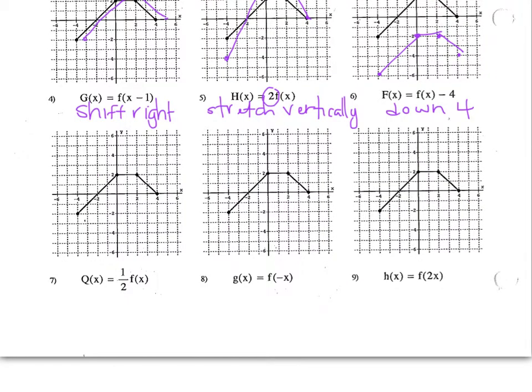Number 7, the 1/2 on the outside is going to compress this function vertically. So all of the y coordinates are going to be reduced by 1/2. So if I have a -2, it's now going to become -1. +2 becomes 1, 0 stays the same.